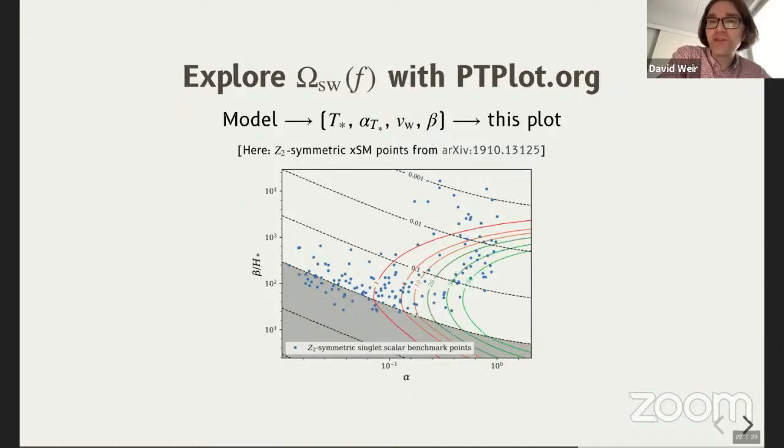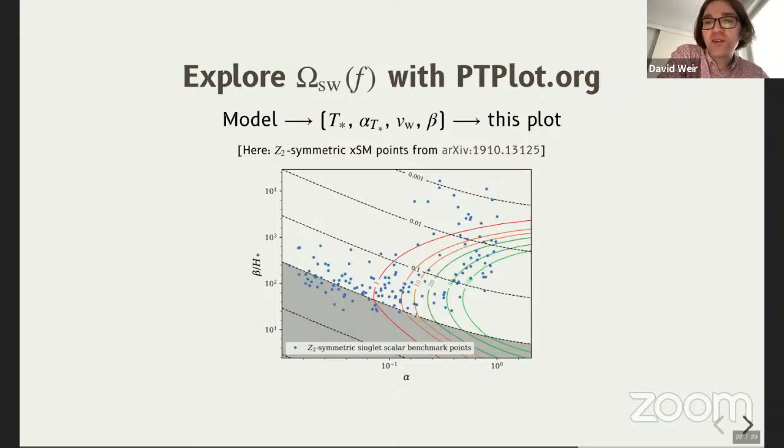And just as a little advertisement, you can explore these predictions with the pt-plot.org webpage, which will let you put these parameters into the webpage, or else explore benchmark points from one of the LISA Cosmology Working Group papers.